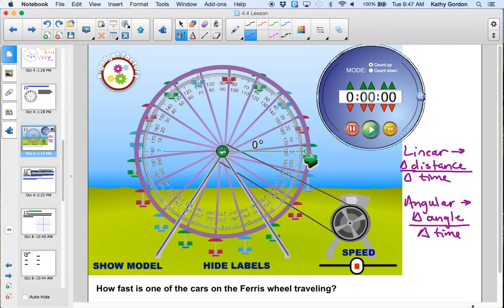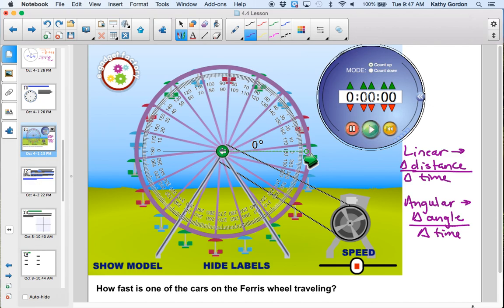So one is looking at actual distance: if I'm looking at a car out here on the edge, how far has it actually traveled in a certain amount of time? That's linear speed. But if I'm looking at how much the angle has rotated through in a certain amount of time, that's angular speed. Both of them can be useful, and both are sometimes necessary depending on the type of problem you're looking at.